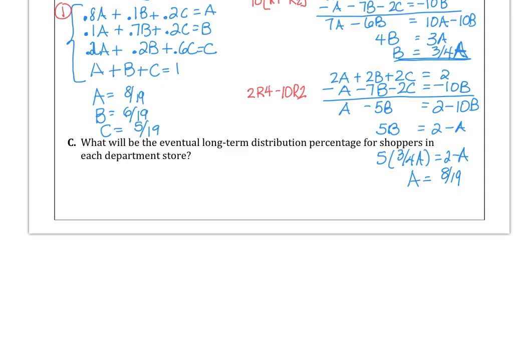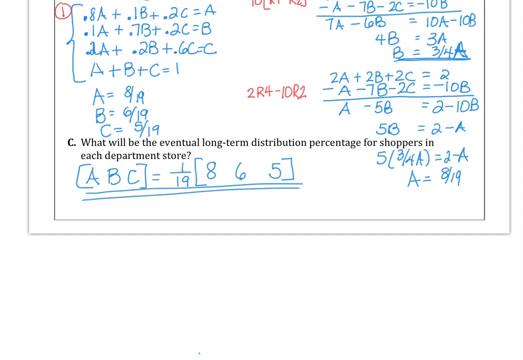And I'll need to write that somewhere. So our stable distribution matrix A, B, C. Put the 1/19 outside, and we have A is 8, B is 6, and C is 5. So this is the answer for part B.